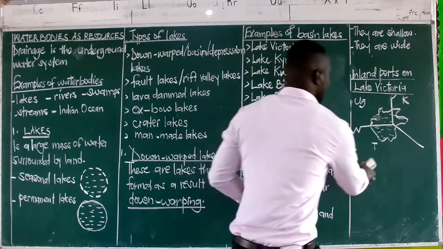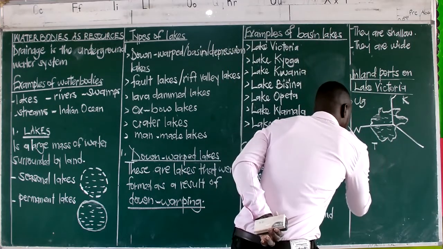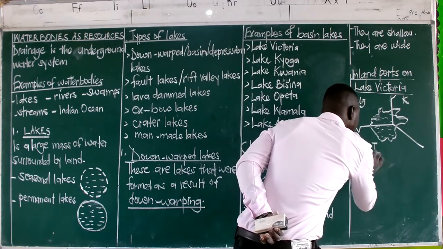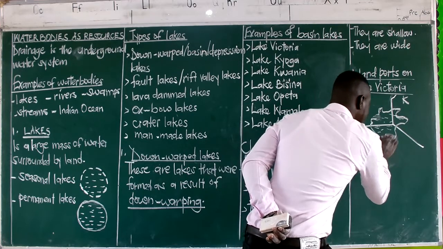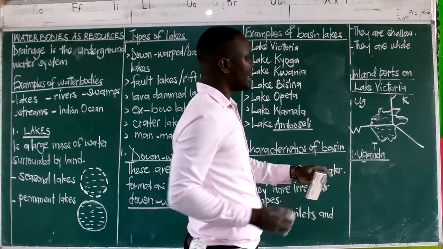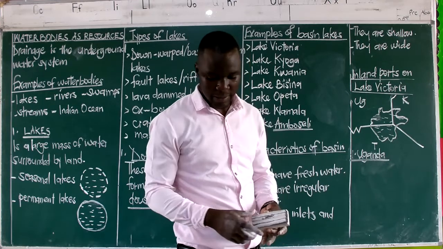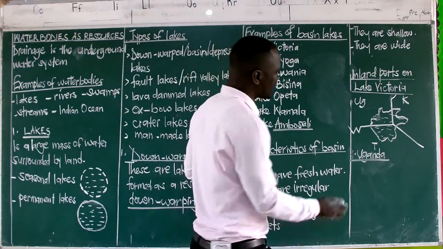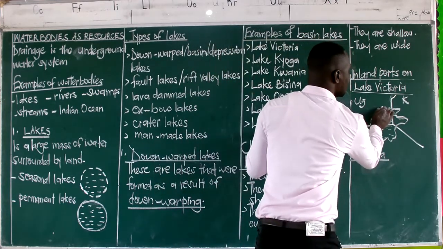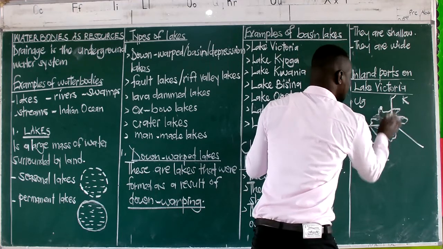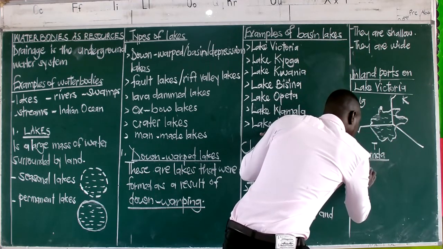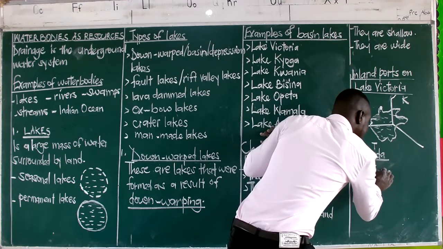Now, we have these ports listed according to countries. Let's begin with those that are in Uganda. In Uganda, we have ports like Port Jinja, that is where the source is. We shall have Port Jinja here.